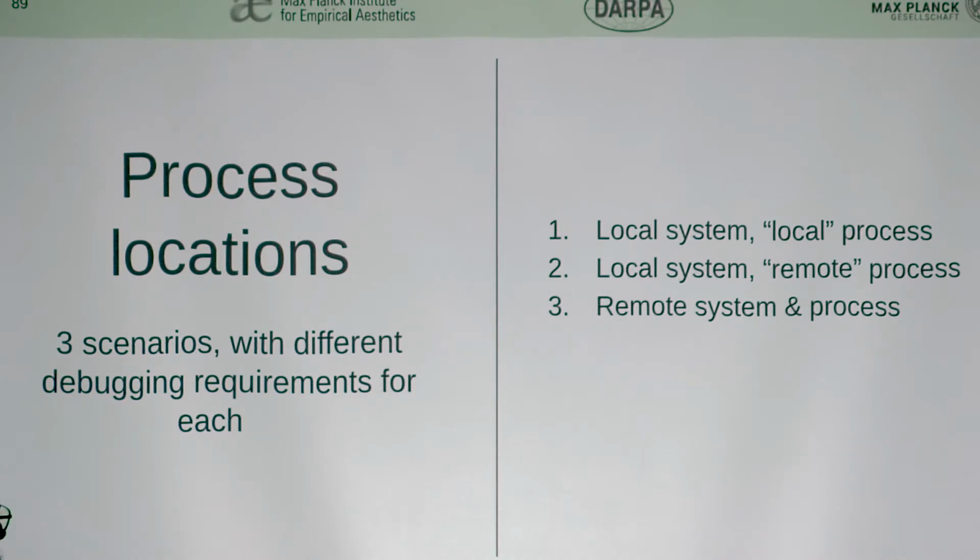So yeah, I broke this down into the three locations. Local system, local process is the easy one. It's your computer, single process. Local system, remote process is the launch route and everything that follows when you're running in debug mode. And this one is important because, unfortunately, the stuff that runs in the second process is usually the stuff you care about.